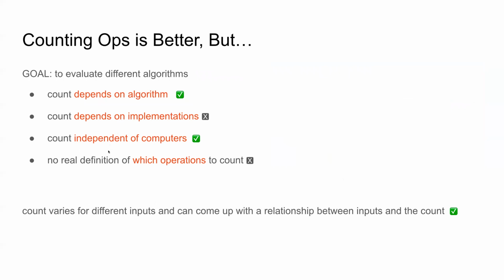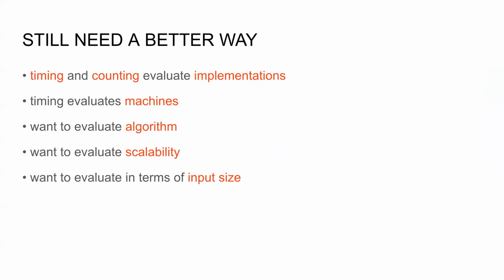And it's not a real definition of which operation to count. That's another problem. We want to actually consider different inputs. We can come up with a relation between inputs and the count. So now we need a better way.